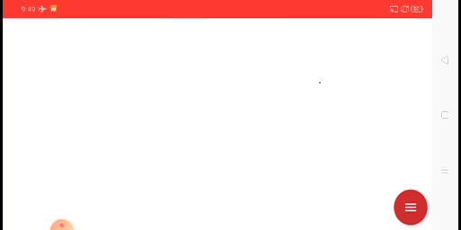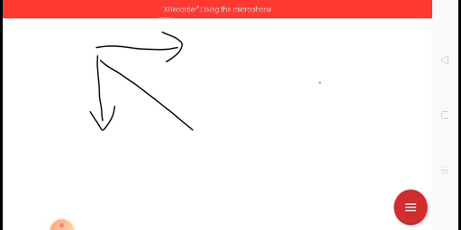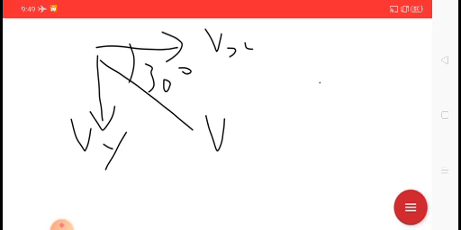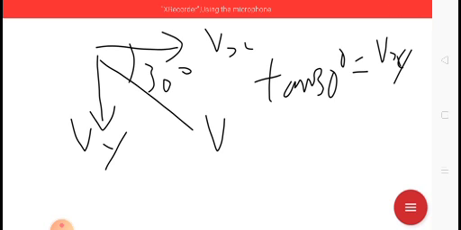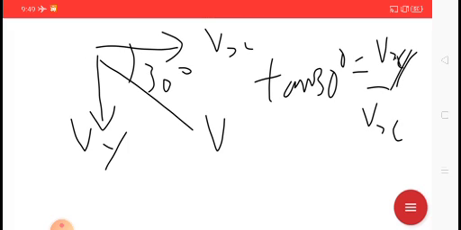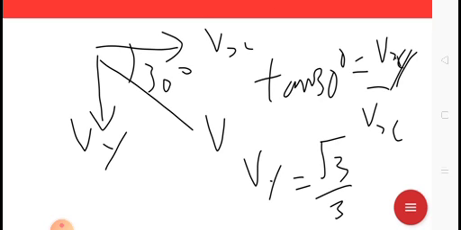You want to find the moment when the angle is 30 degrees. Here is Vx, here is Vy, here is V at that particular moment. So tangent theta is equal to Vy over Vx, so you can change it to Vy equals square root 3 over 3 Vx.